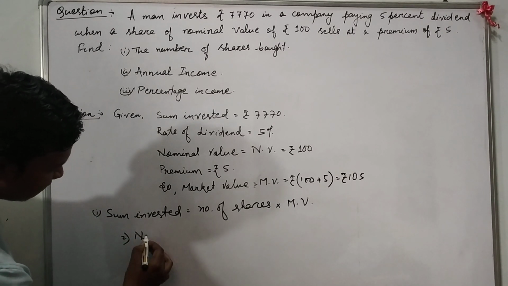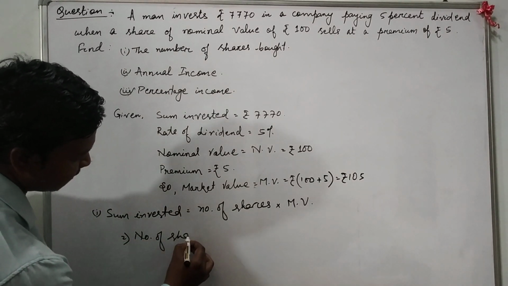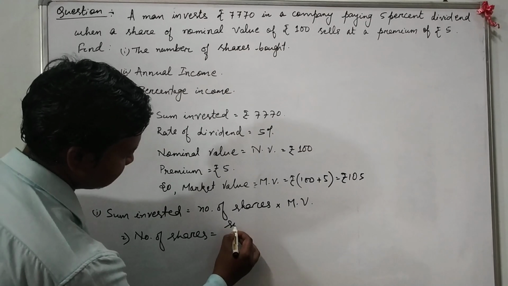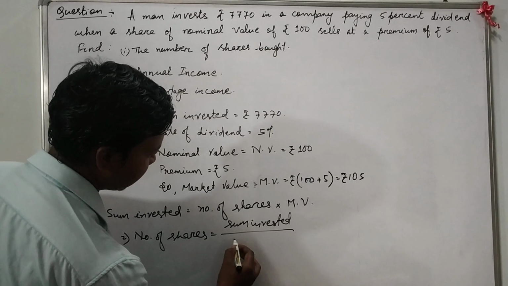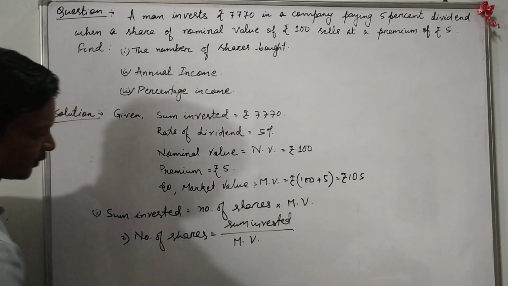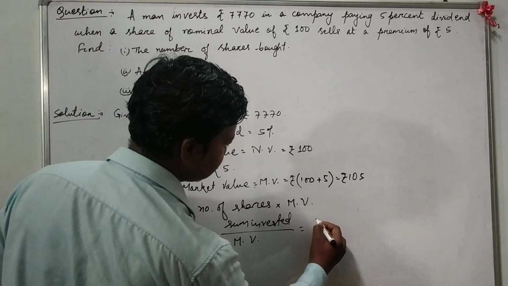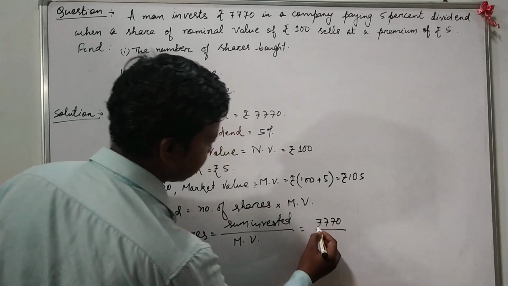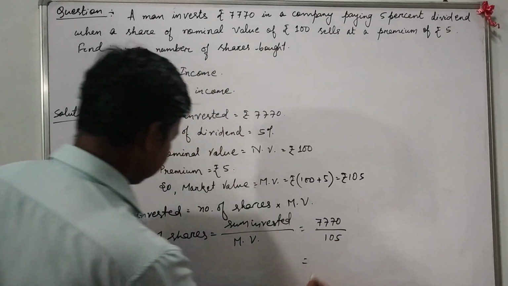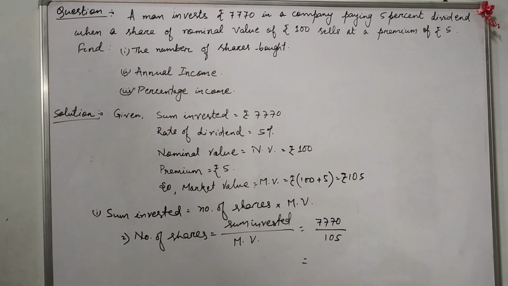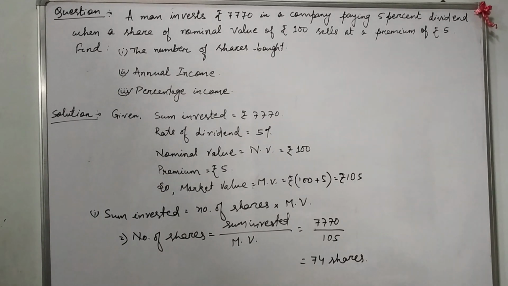So from here, number of shares is equal to sum invested by market value. What is the sum invested? 7,770, by what is the market value? 105. By dividing this, we will get the number of shares as 74 shares, which is bought by the man from the company.